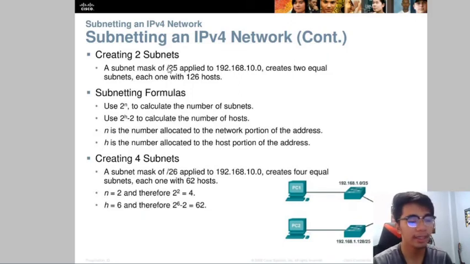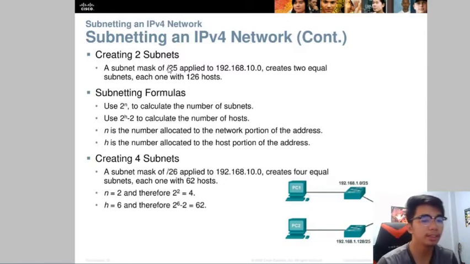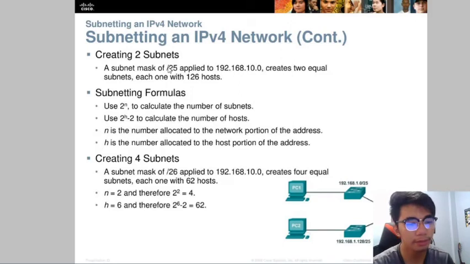And creating 4 subnets, the subnet mask of /26 applied to 192.168.10.0 creates 4 equal subnets, each one with 62 hosts, because it will be divided or incremented by 64.